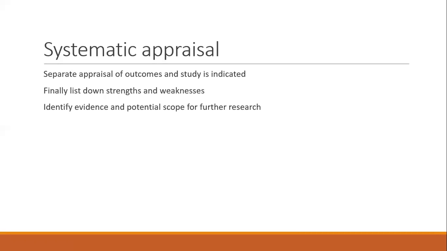So if you have DASH, which was made in, let's say, English, and these people have done the study in Turkey, and they have done everything, the study is great, but they have not taken the time to validate the Turkish version of DASH, the whole study is shot because what they're considering as the outcome of interest itself is not appropriately done. So you need to separately appraise the outcomes.